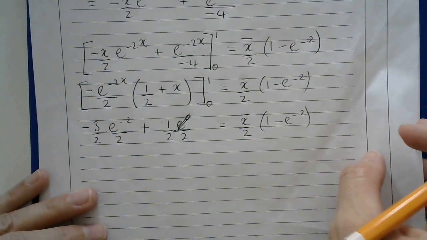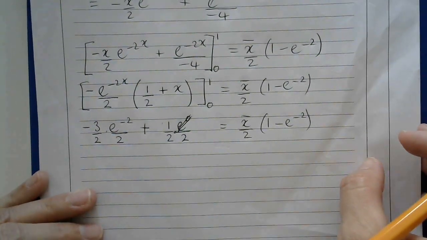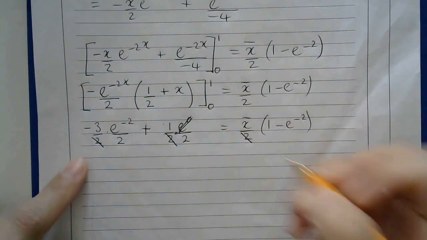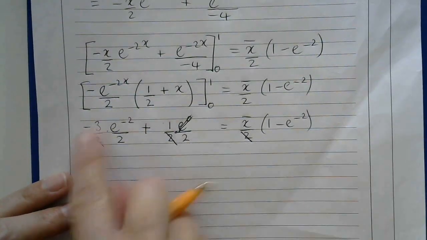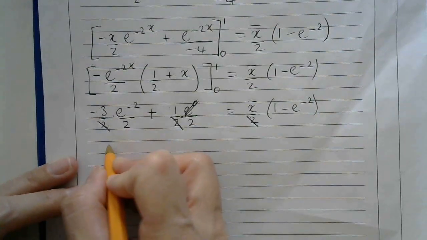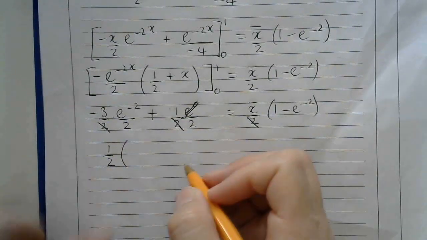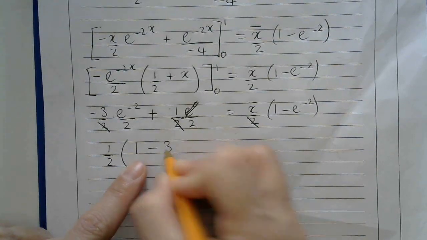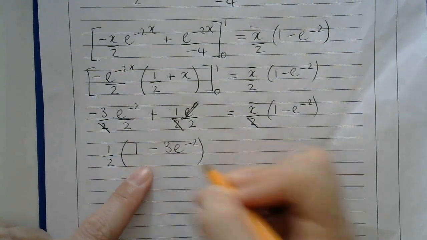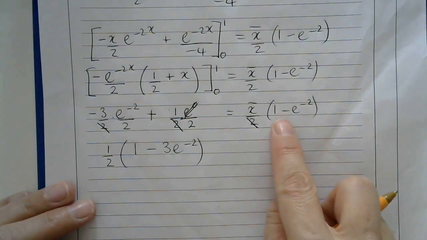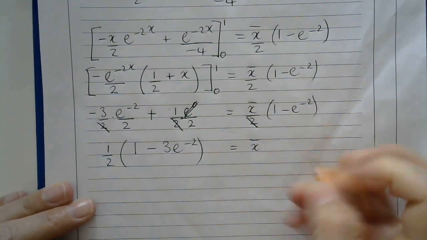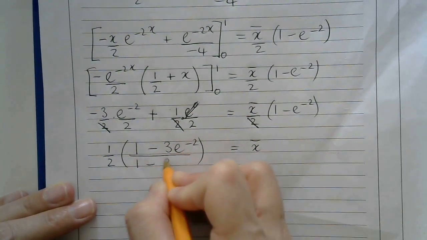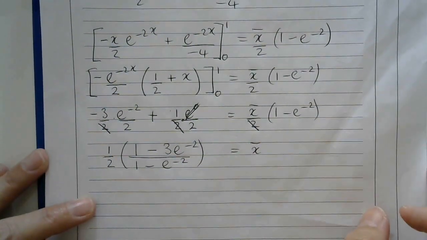I could get rid of a half by doubling everything. And let's just try to tidy this up. So I take a half out, and I end up with 1 minus 3 e to the negative 2. And to end up with x bar on its own, I can divide this by this. So I end up with 1 minus e to the negative 2, like that.